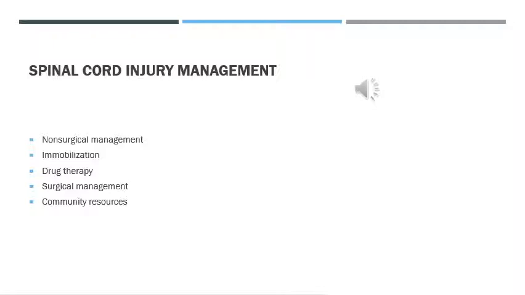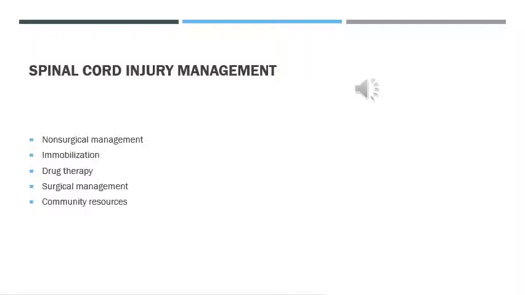Management also involves log rolling the patient, good skin care, emotional support, adequate nutrition, and then reducing aggravated factors that may cause spasticity. Patient will also need bowel and bladder training, and the patient and family will need education and support to cope with the detailed care at home.